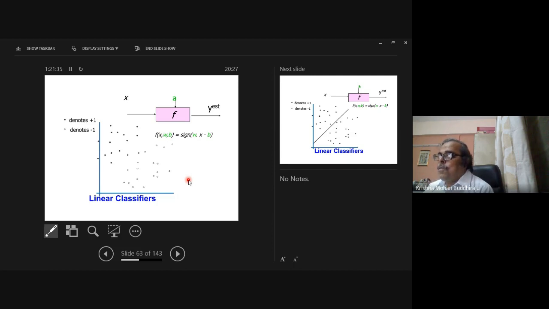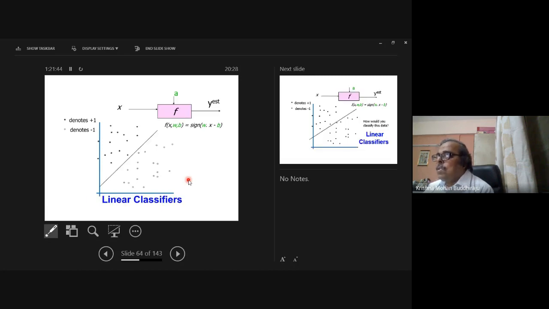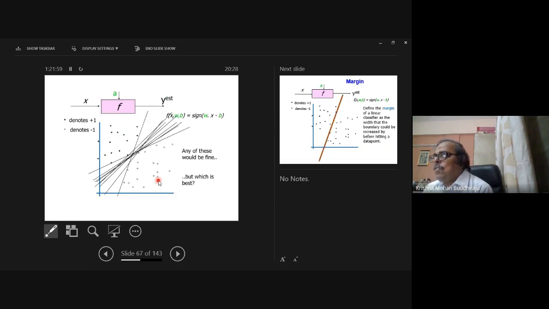So what does the support vector machine do? It tries to give you the best classifier. How does it do that? Suppose you are given the samples of class 1 and class 2. You can draw boundaries, any one of them.